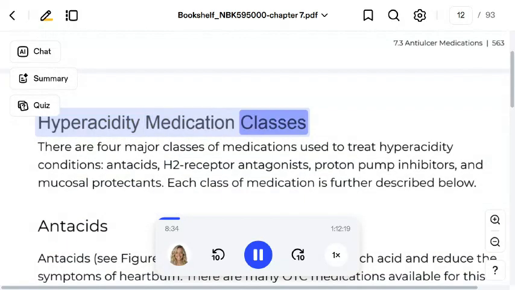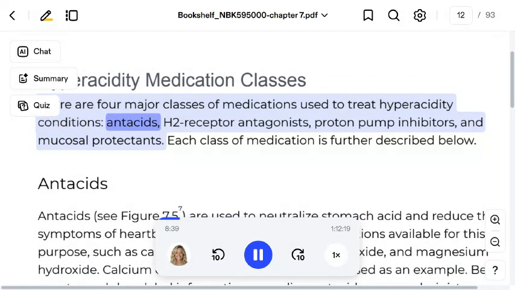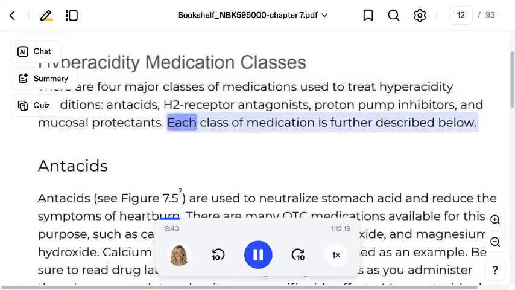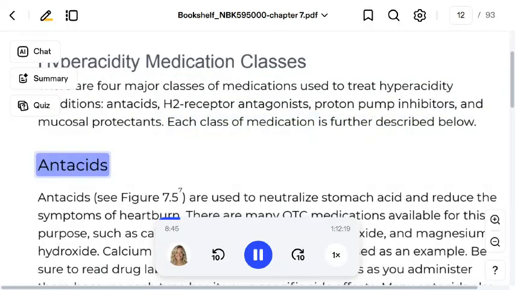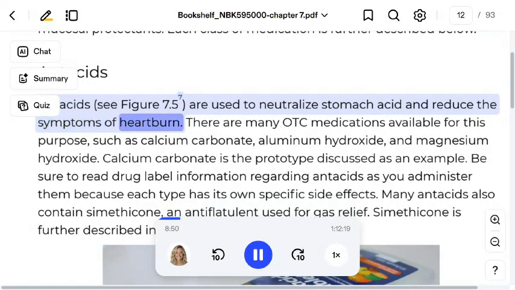Hyperacidity medication classes. There are 4 major classes of medications used to treat hyperacidity conditions: antacids, H2 receptor antagonists, proton pump inhibitors, and mucosal protectants. Each class of medication is further described below. Antacids. Antacids are used to neutralize stomach acid and reduce the symptoms of heartburn.